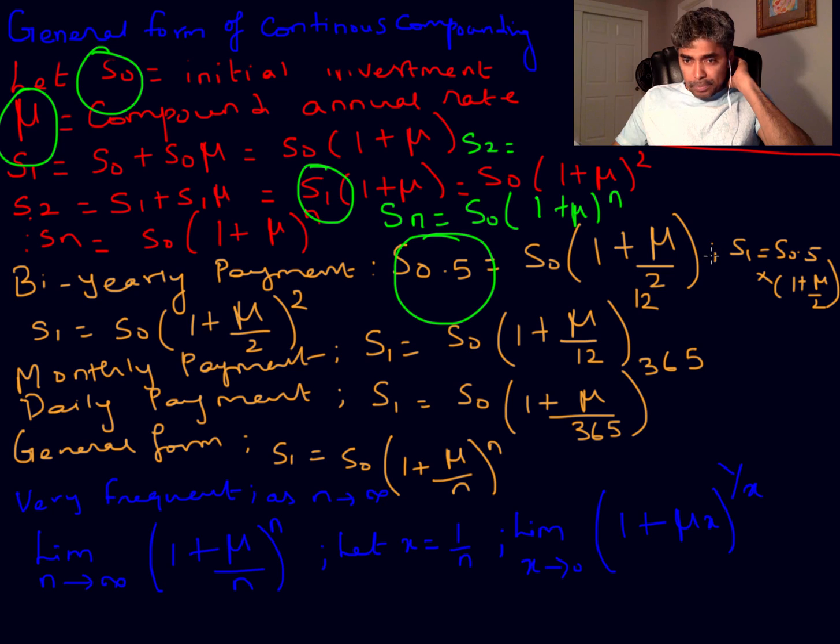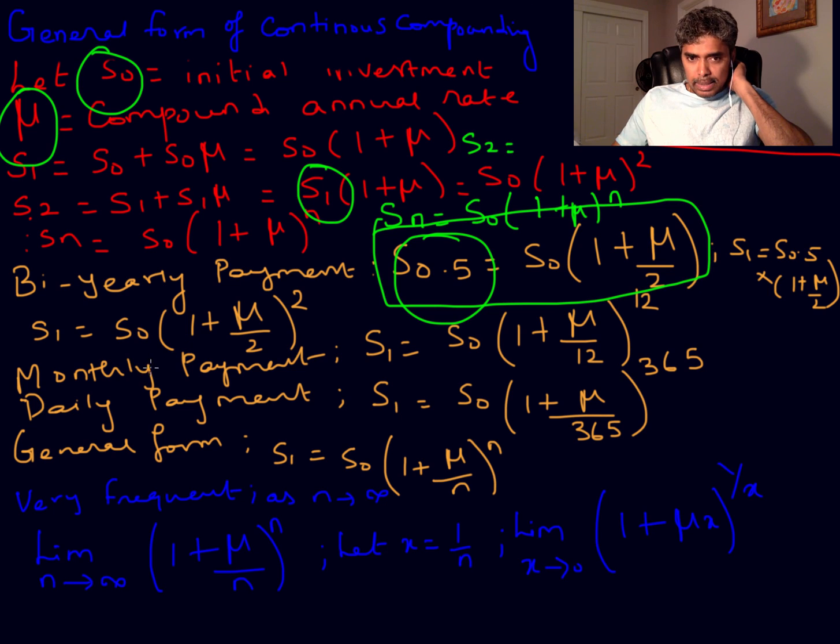At the end of the year, this is going to be a little higher than this S1, because we are going to get an earning for the interest incurred in the first 6 months. So in that case, the S1 is going to be S0 times 1 plus mu by 2 the whole square. So in this case, now we are getting the 6 months payback for the annual rate mu.